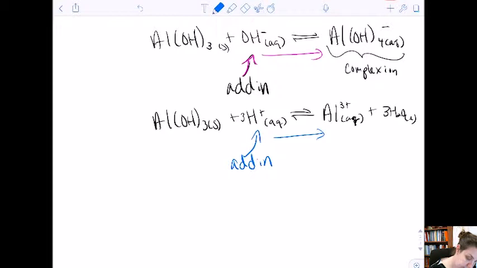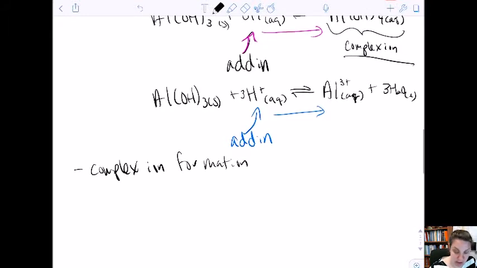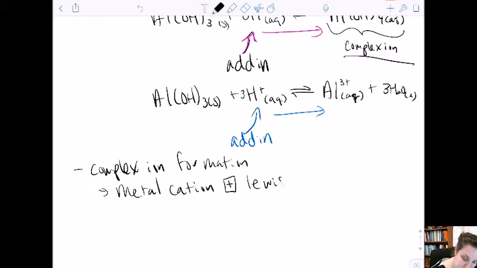We also have complex ion formation, which we already saw one example of right here. But complex ion formation, this is taking a metal cation plus a Lewis base and producing a complex metal ion.